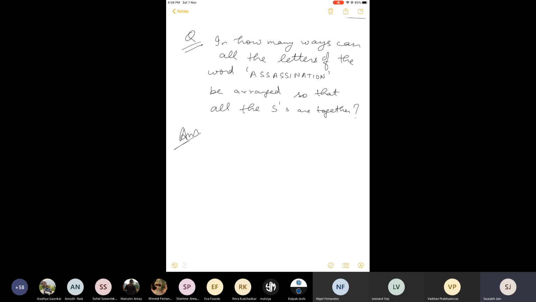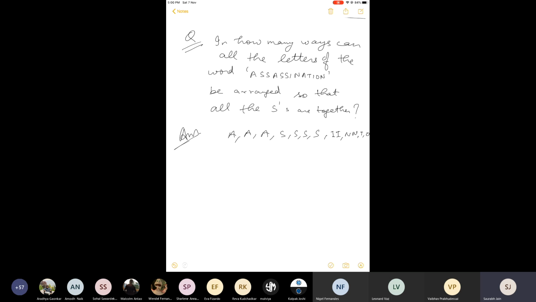Yes, can anyone try and tell me how to start this question? How many alphabets are used? 13.